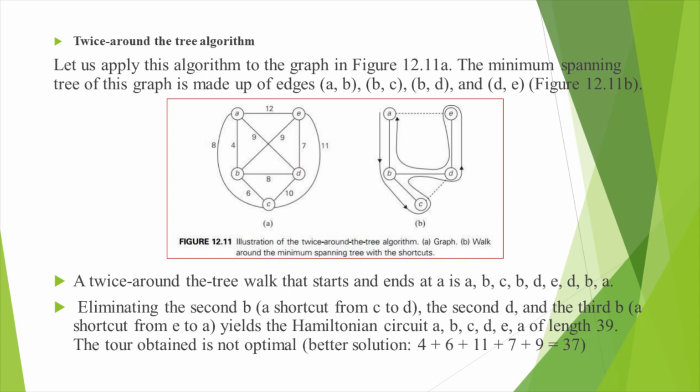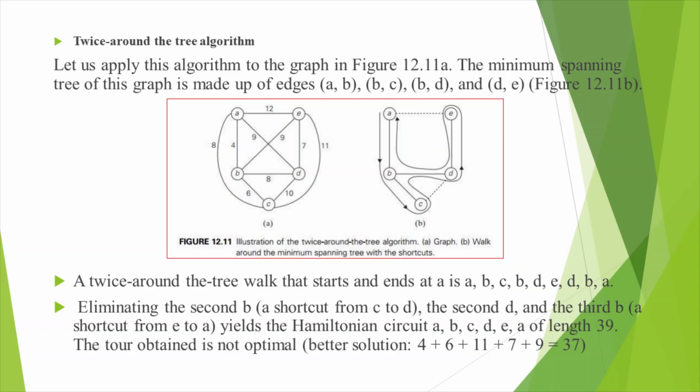Next step is the twice around the tree walk that starts and ends at A: A to B, B to C, C to B, B to D, D to E, E to D, D to B, B to A. So here we are eliminating the repeated edges.